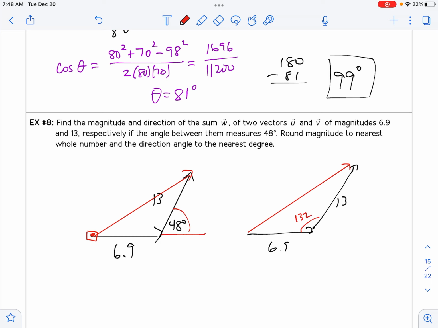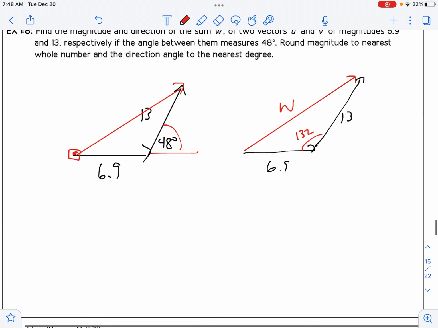So if I'm looking for the magnitude of the resultant vector first and then its angle second, I'm going to have to find the magnitude of this vector, and we're calling that vector W. So that is another law of cosines problem.